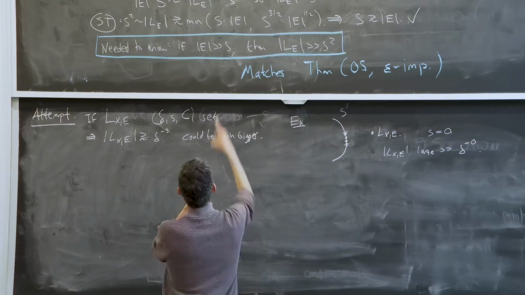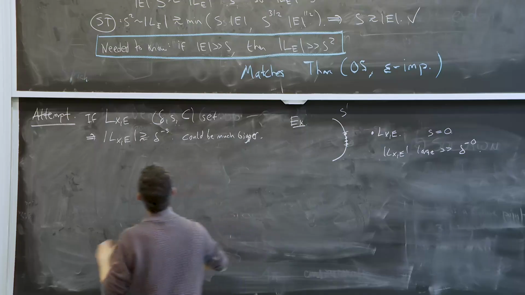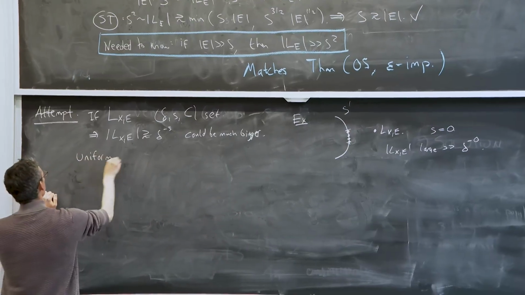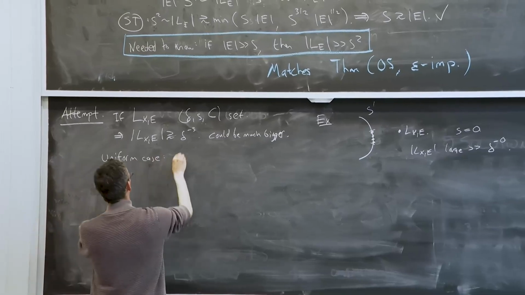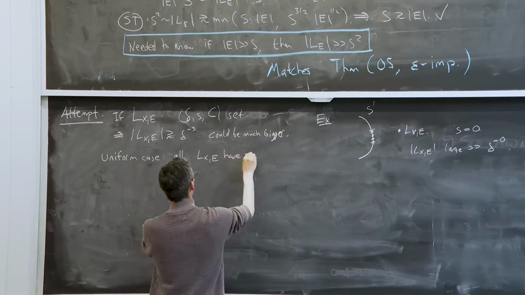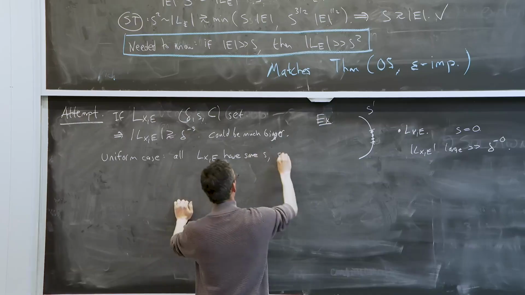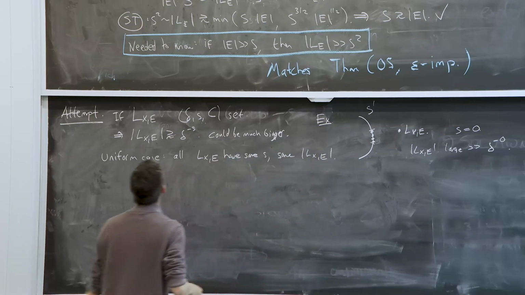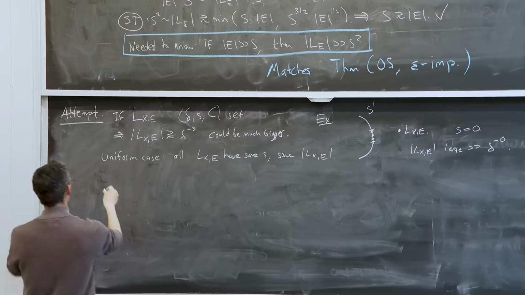OK, so let's try to imitate our proof. I'm going to suppose that we're in the uniform case. So all of the L_x^E have the same s and the same size of L_x^E. OK, we can do our same double counting.